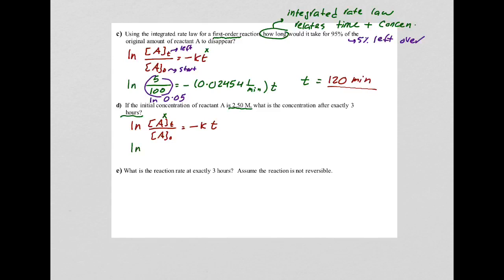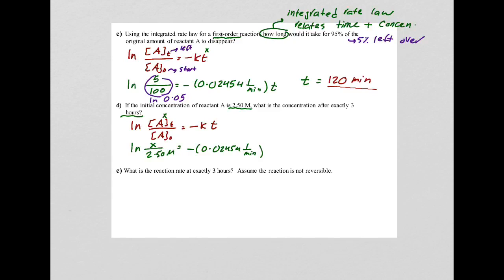So ln, this is my X because they're asking me what's the concentration after 3 hours. Initially it is 2.50 molar. I have K again from part B, 0.024541 per minute. Now they give me hours, right?